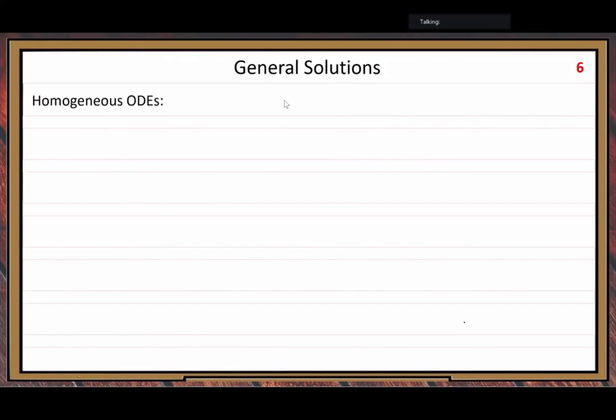All right. The general solutions. Here we talk about the homogeneous equation of nth order, and we want to generalize the result for this case.